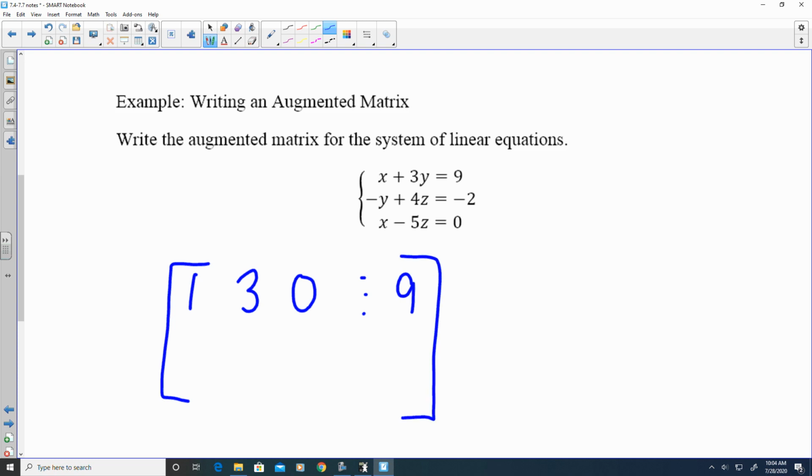Second one doesn't have an x, so it's going to be 0, -1, 4, dots, -2. And then the last one, 1, 0, -5, dots, 0. That's it.